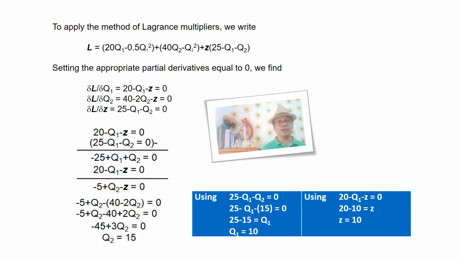The actual value of the marginal profit in each market is Z equals 10. Thus, what this means is, if the company could increase total sales above 25, it would increase profit by 10 pesos per unit of additional capacity.